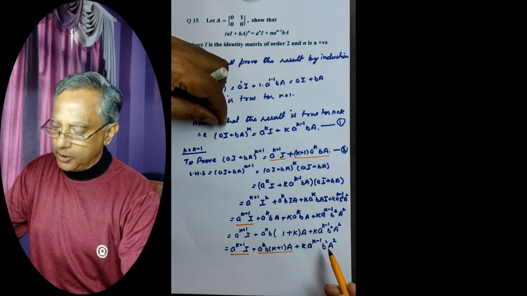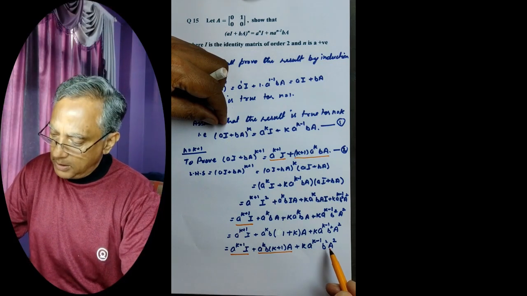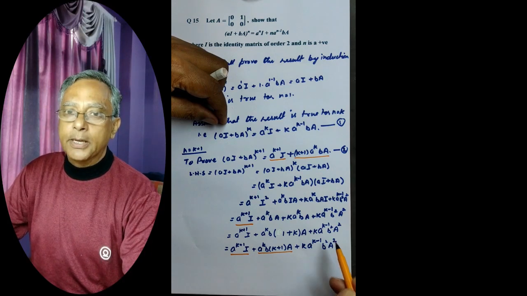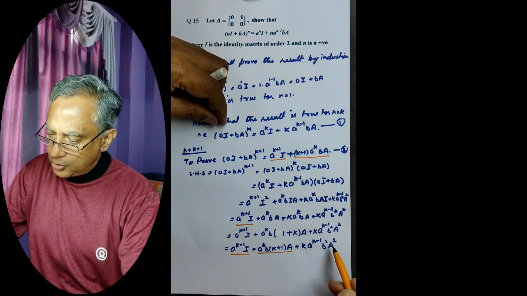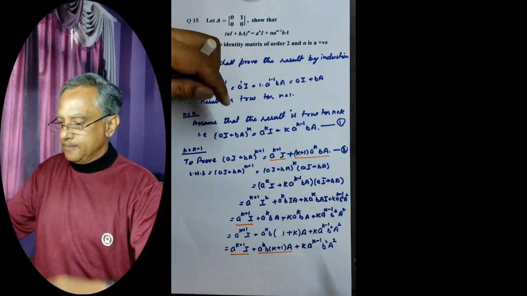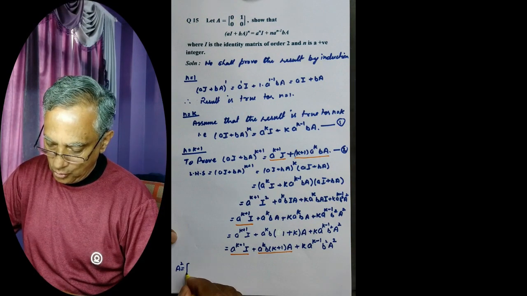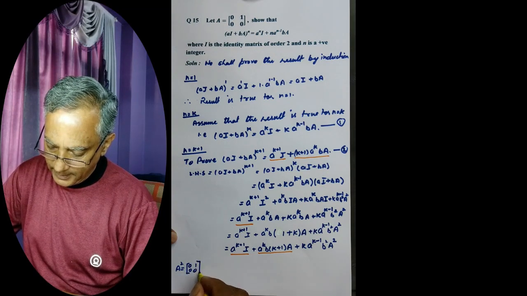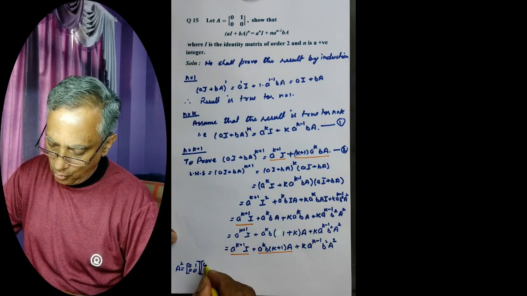So the logic tells you that you must evaluate A square. So evaluate A square, and A square will come out to be 0. A square is equal to [0, 1; 0, 0] into [0, 1; 0, 0].